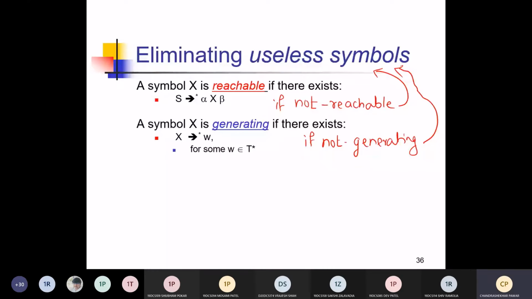So I will discuss with you now what a reachable symbol is, what a generating symbol is, and what order we have to follow to remove non-generating or non-reachable symbols. What is the order? Means first we will remove the non-reachable or the non-generating ones. That also we have to discuss. So first I will clear the concept of not generating and not reachable.